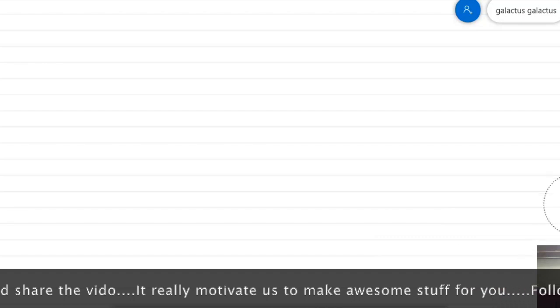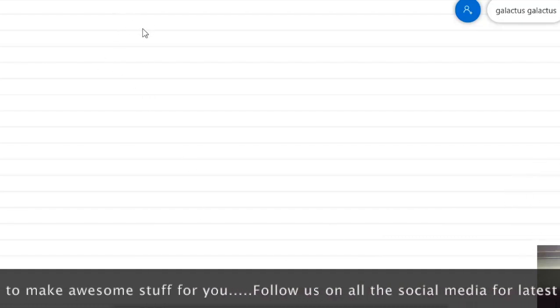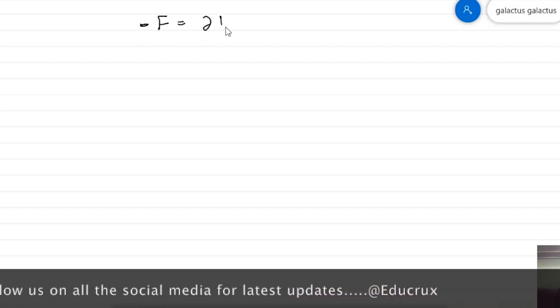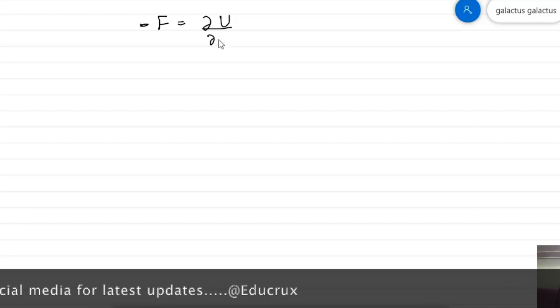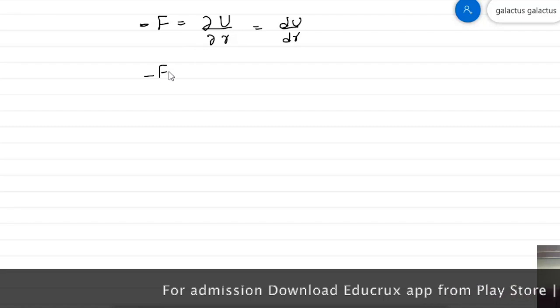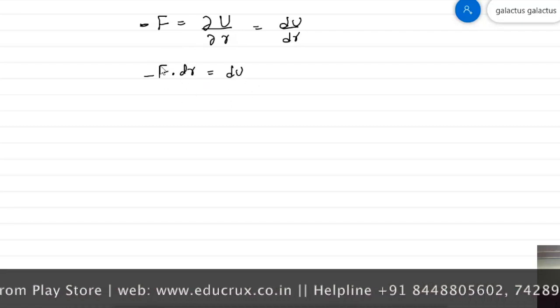I said previously that in case of a conservative force, I can define my force as the derivative of some function U, which is equal to dU by dr. If I now take the dr to this side, it is equal to dU.